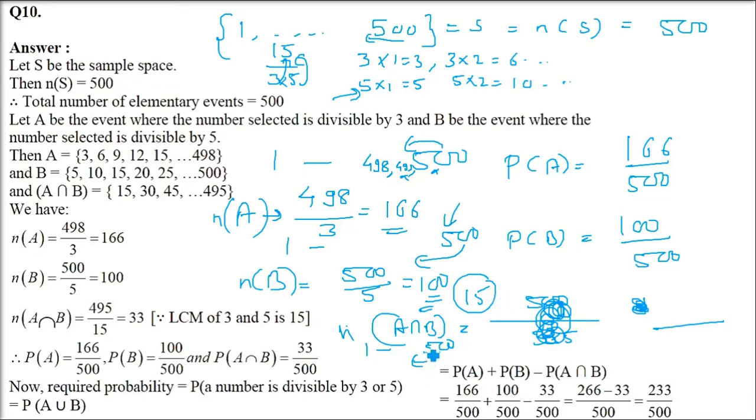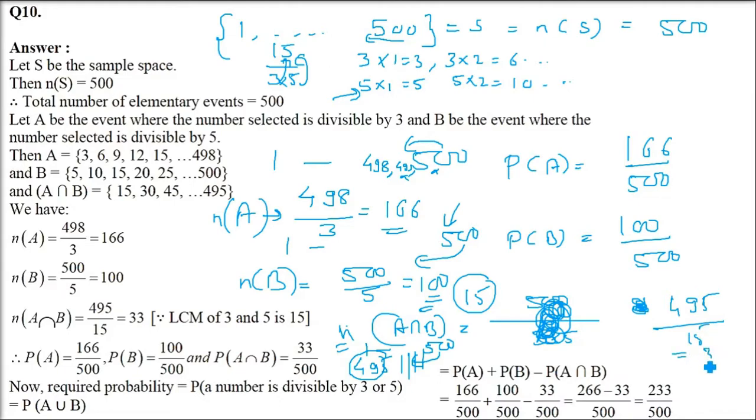So when you start from the back, what do you get? Divisible by 15. See, 499 no, 495. 495 is the number which is divisible by 3 and 5 both. So just take 495. The probability we will take later.